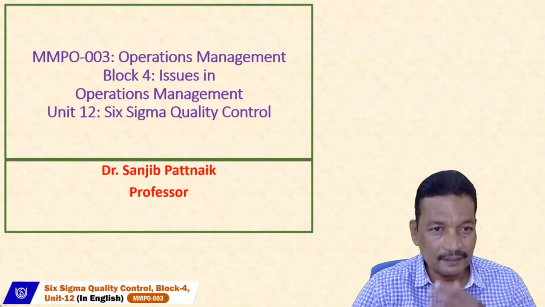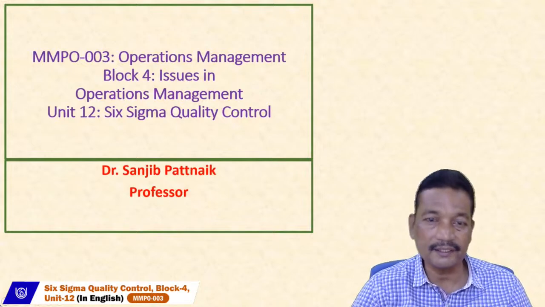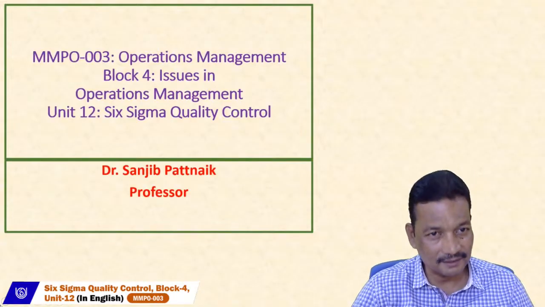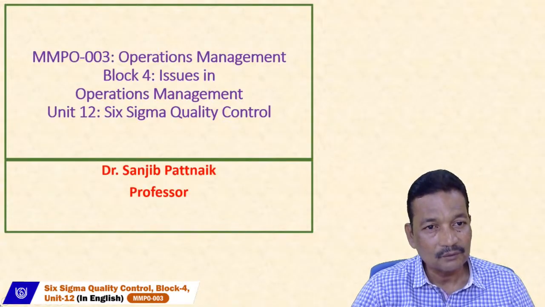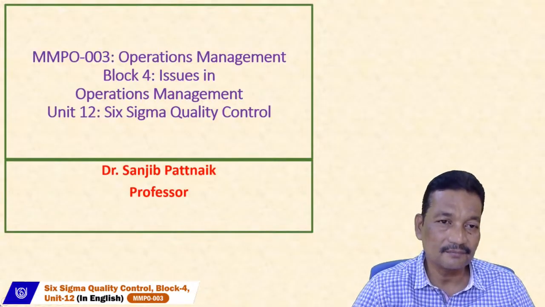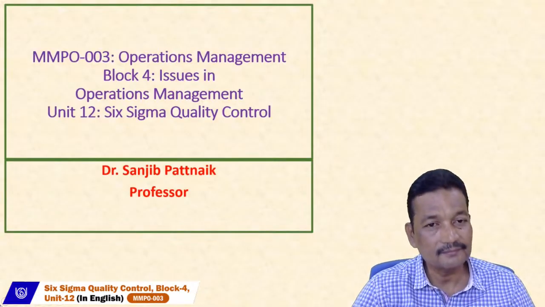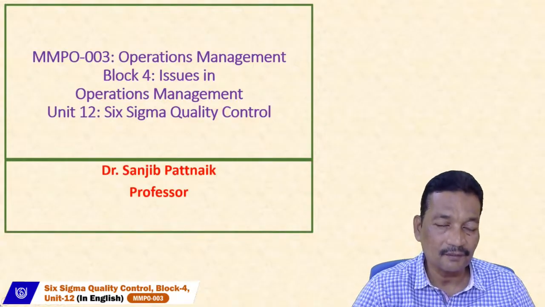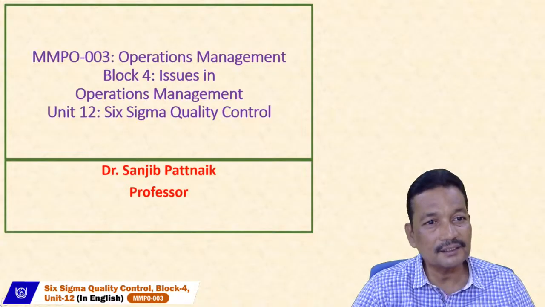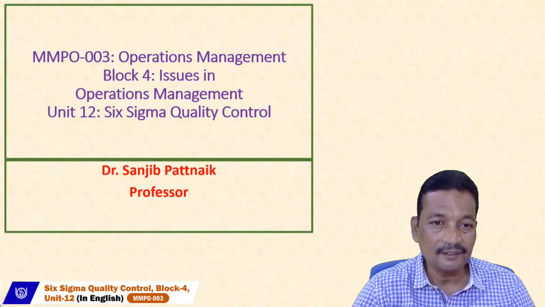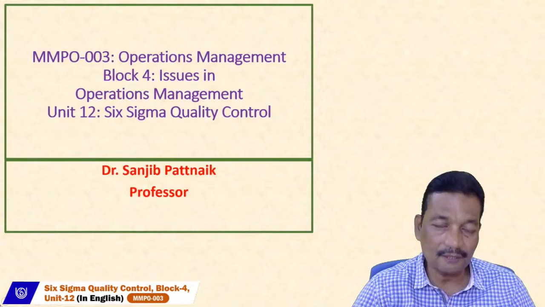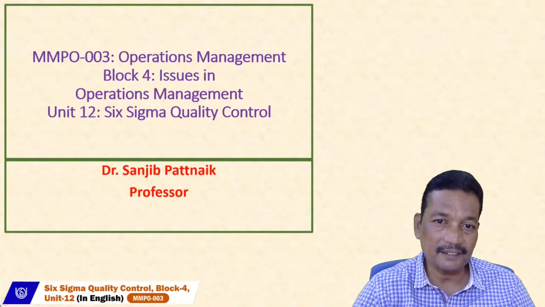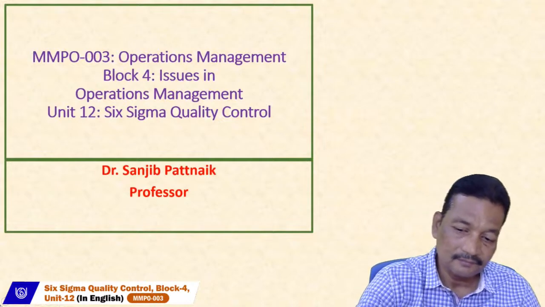Many of us might be hearing about quality control. Now, what is this Six Sigma? What does it indicate, how does it operate, how is quality control done in an organization for its output? These things we shall see in a discussion manner, as well as focus on some practical problems.